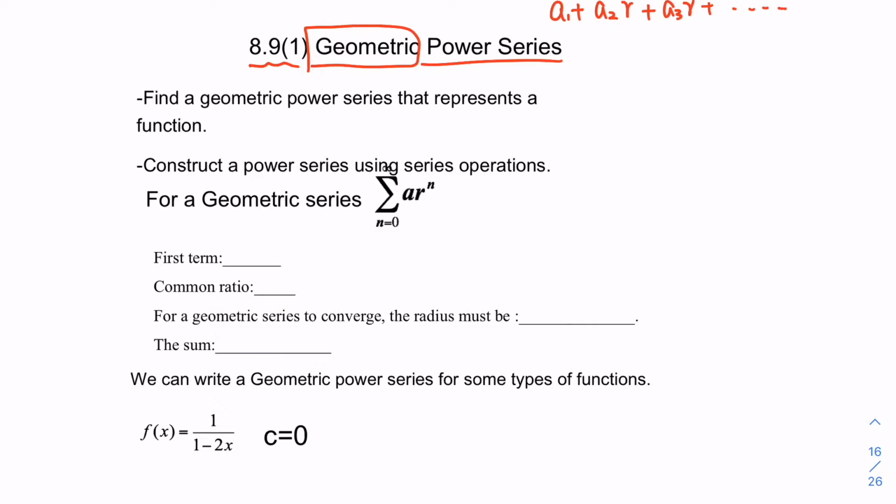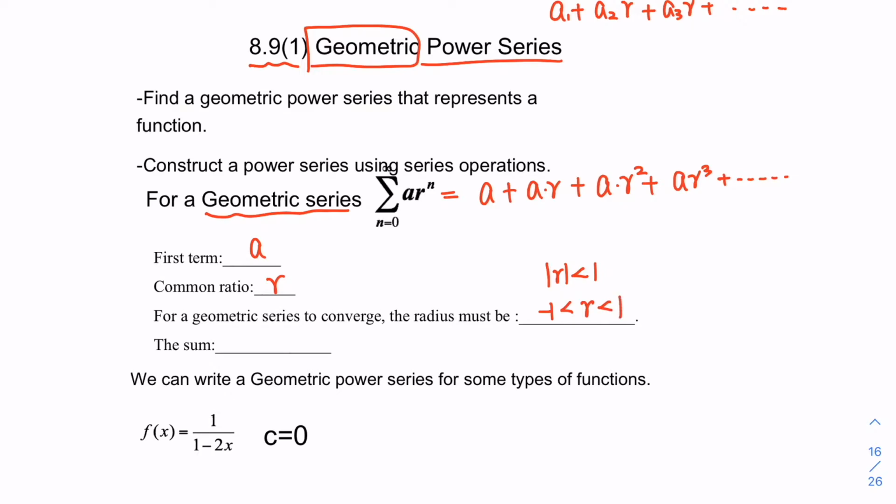The geometric series is a series where a is a coefficient, the first term, plus a times r plus a times r squared plus a r cubed. The ratio between each two consecutive terms we call the common ratio, and the first term is a. For a geometric series to converge, as we know, the absolute value of r has to be less than 1, so r has to be between -1 and 1.